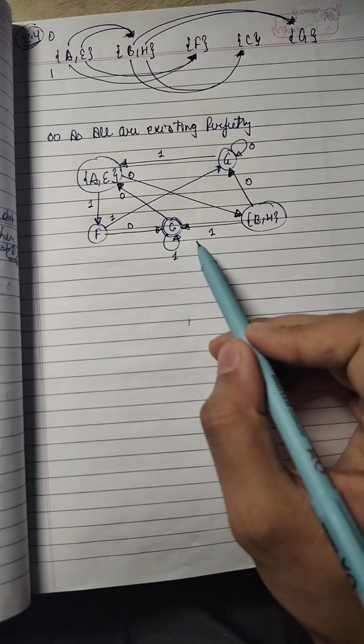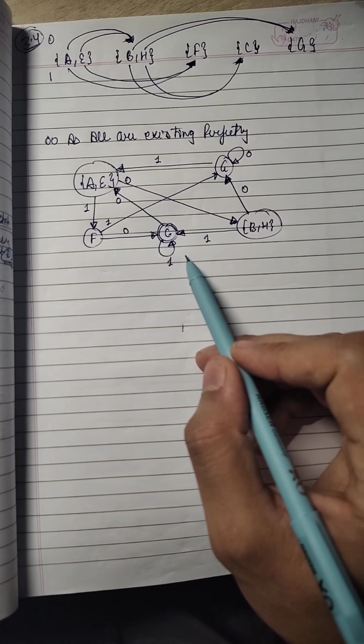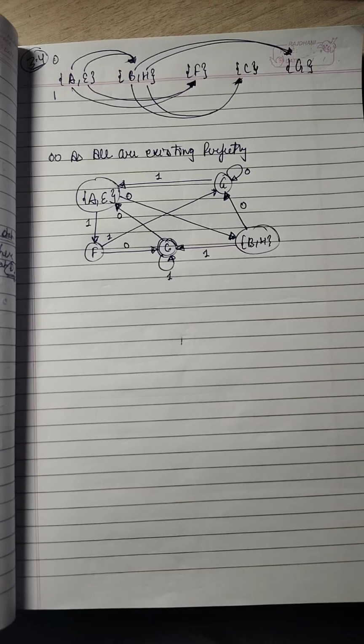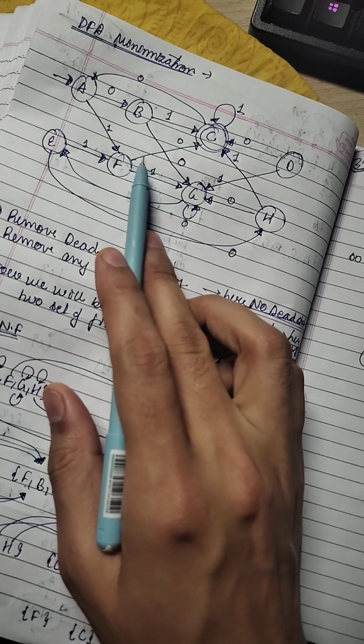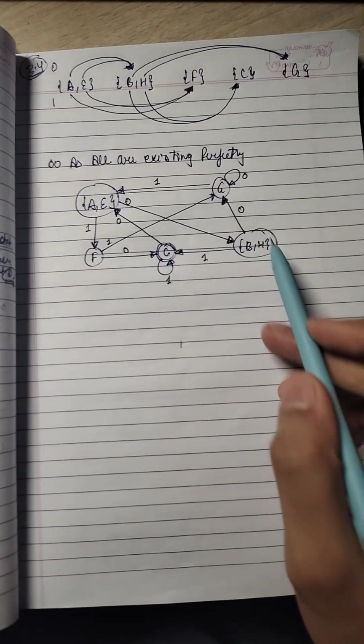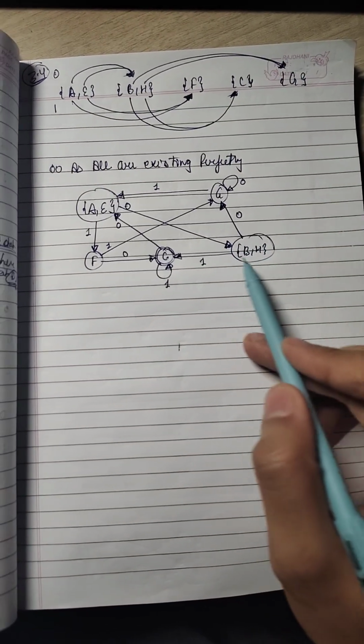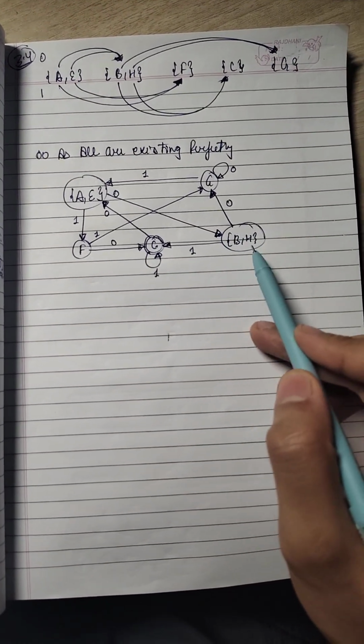Here C is the final state only, but let us suppose that B is also a final state in this question, then this state would also be a final state.